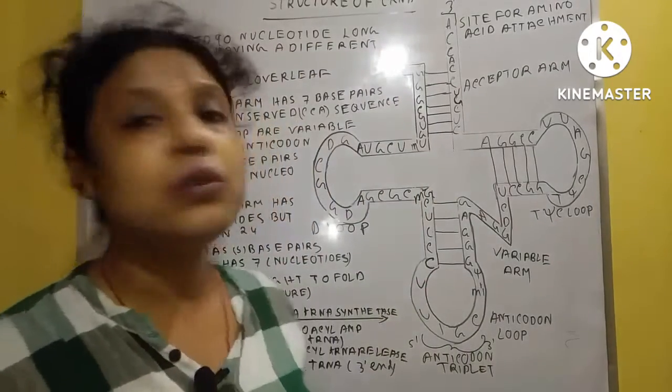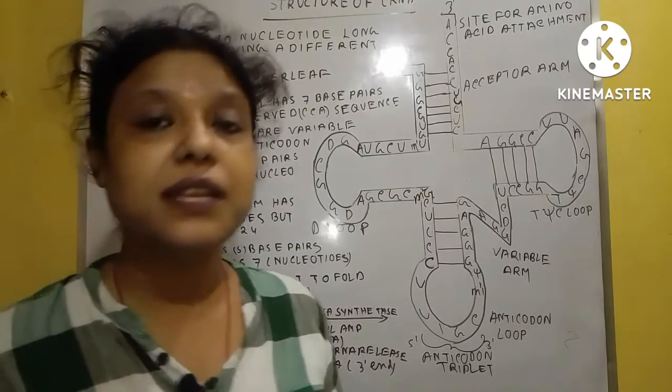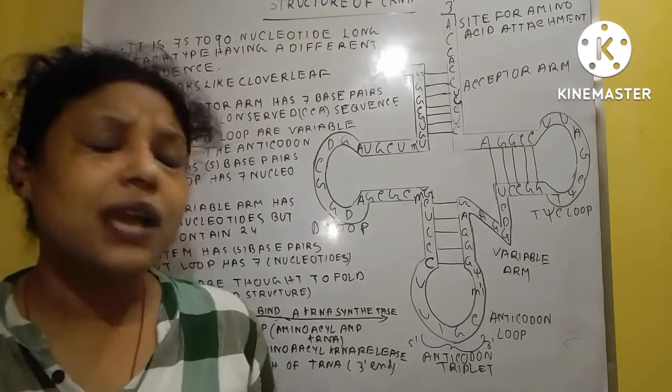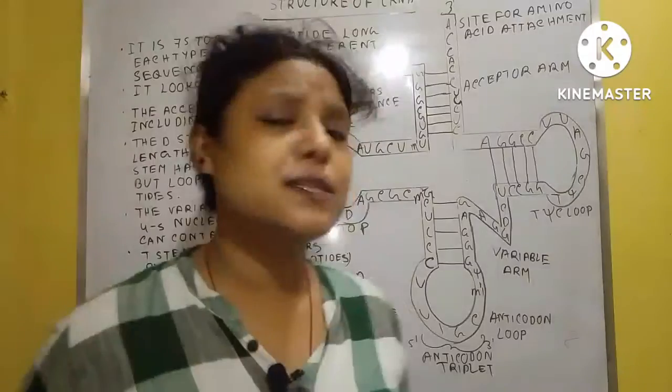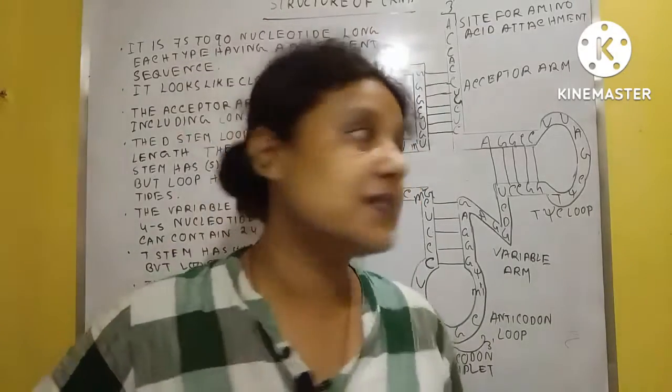I just want to say briefly what kind of structure tRNA has, because tRNA is very important for the translation process. I have described the transcription and translation processes on my channel, but slowly, because these are very vast syllabus.